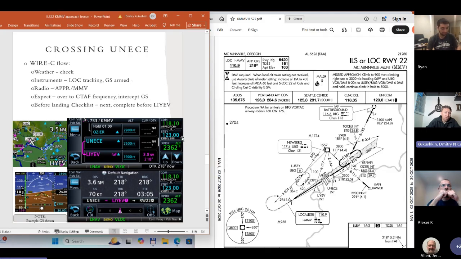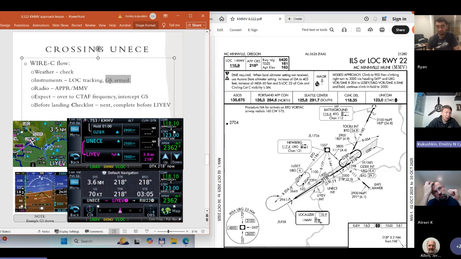There is my 123.0. What do we expect? We expect to be transferred over to that CTAF frequency and intercepting the glide slope. By the way, the glide slope armed, that is specific to autopilot. If you don't have it, then it's kind of a confusing statement.